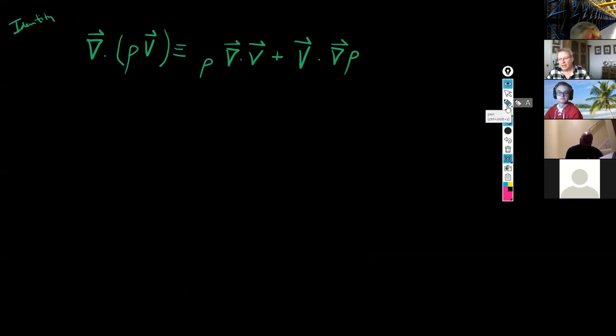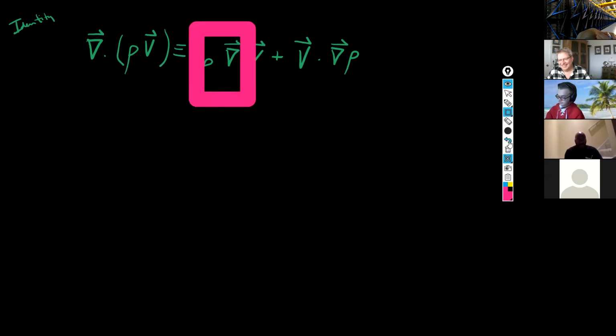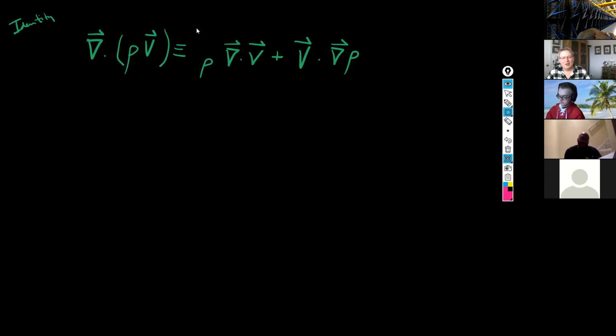And now I want to say, all right, guys, what is this statement here? Now you should know what this is. Divergence of velocity times density, which is basically what? Mass divergence. Nice.